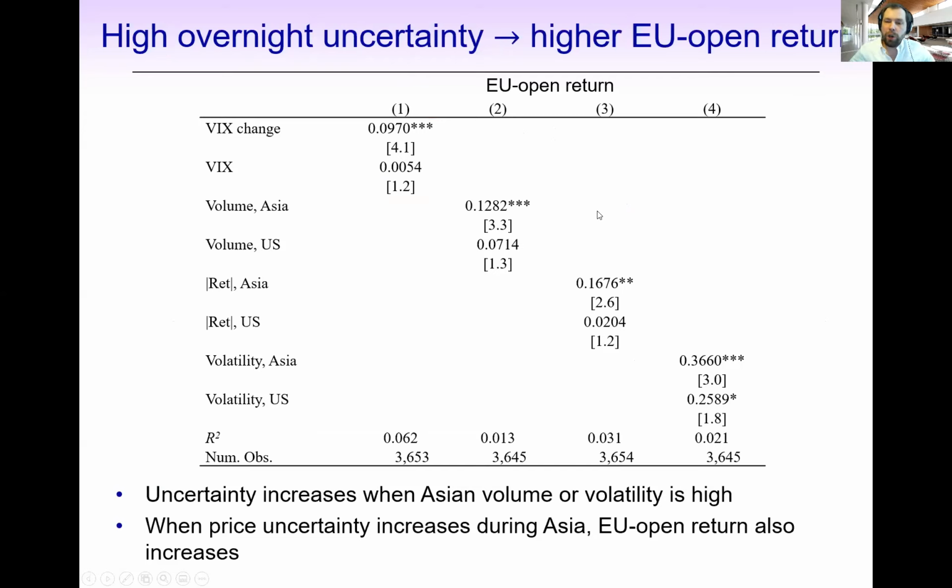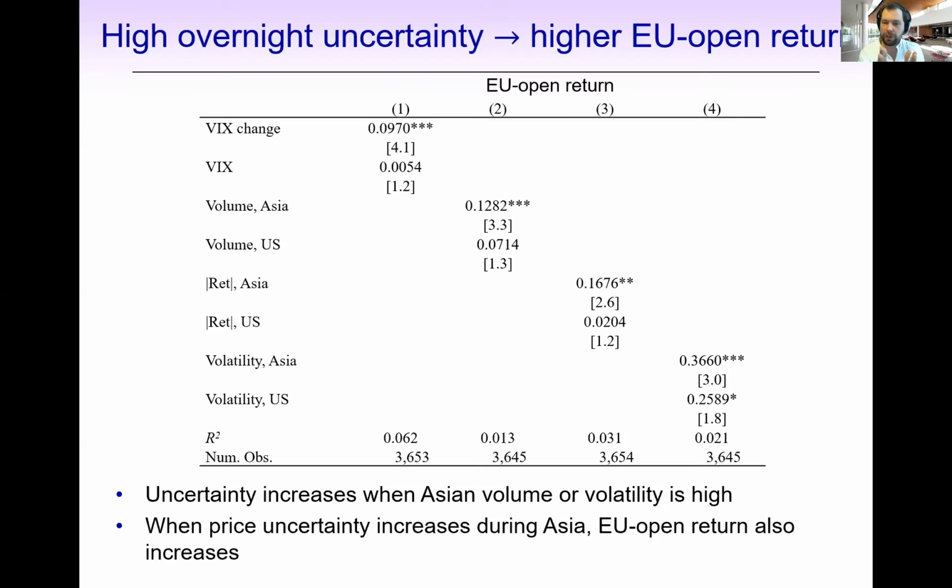The next battery of tests will look at how popular uncertainty measures affect EU open returns. The most popular uncertainty measure is the change in VIX. When VIX increases, subsequent EU open returns should be higher, and that's exactly what we find in the first column. Our hypothesis is also very specific that uncertainty during the prior Asian session should matter more than uncertainty during the prior US session.